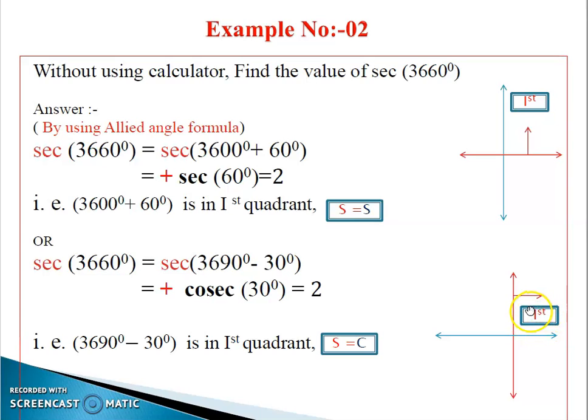In first quadrant all trigonometric ratios are positive. We use here the concept of y-axis, so sec is replaced by cosec and sec is positive, hence we write here plus cosec 30 degree, and the value of cosec 30 is 2. Hence we get the same solution: sec 3660 is equal to sec 60 is equal to cosec 30 is equal to 2.